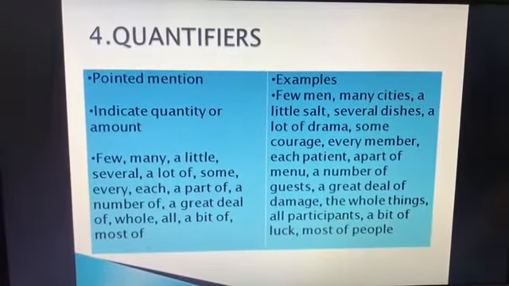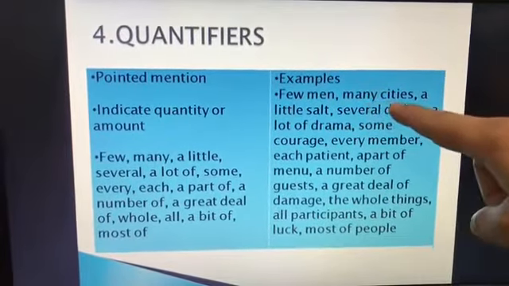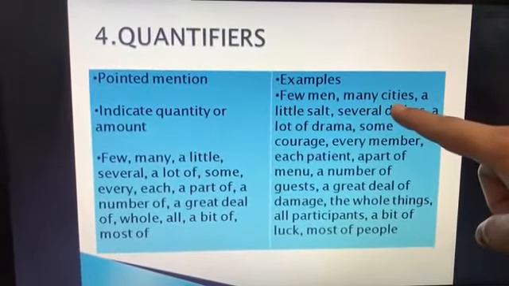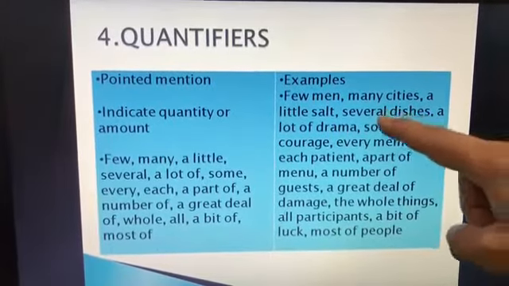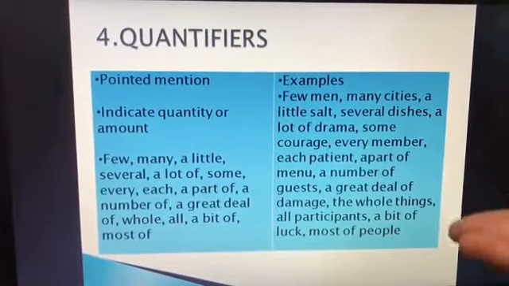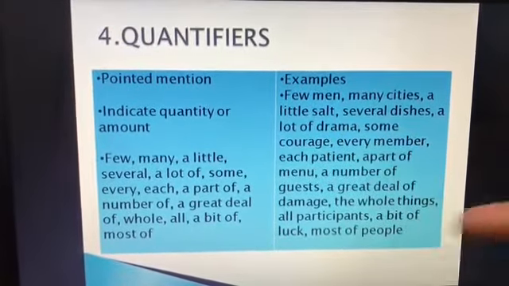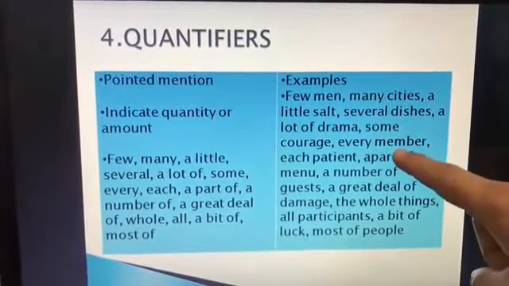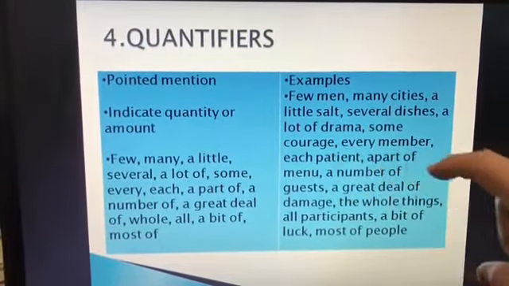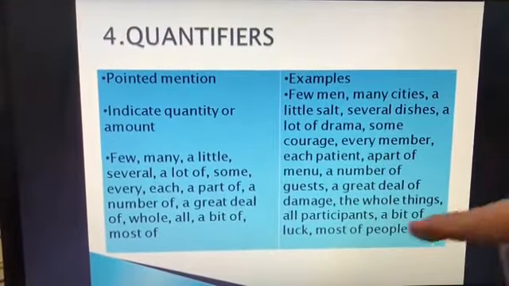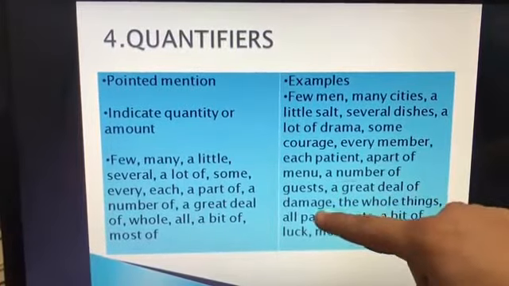Now let us take examples. Few men, कुछ लोग, many cities, बहुत सारी cities, a little salt, थोड़ा सा salt, several dishes, बहुत सारी dishes, a lot of drama, some courage, every member means हर एक member, each patient, हर एक patient, a part of menu means menu का कोई part, a number of guests, a great deal of damage means very much damage.